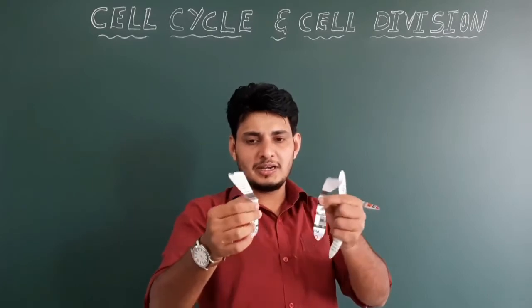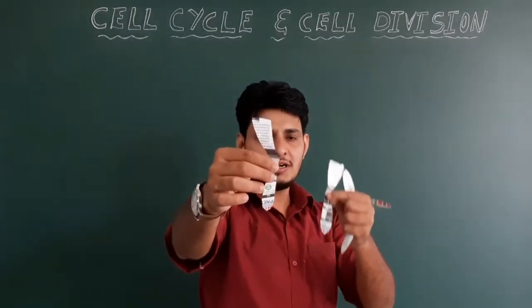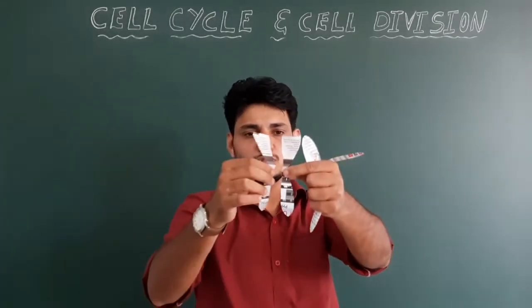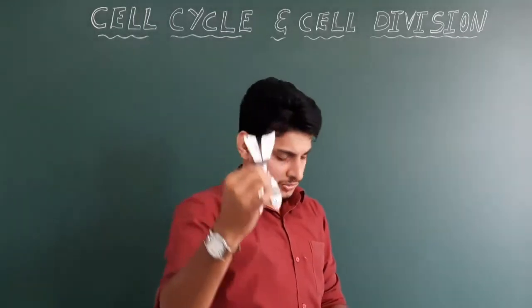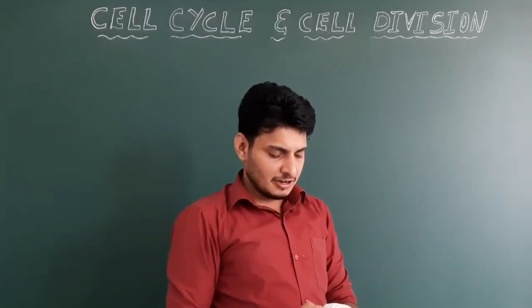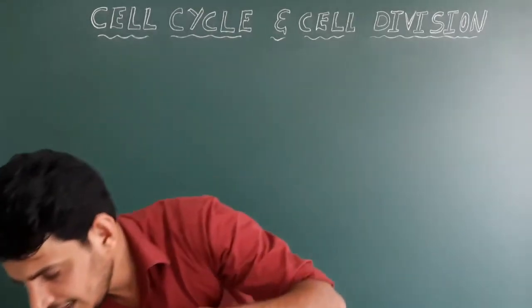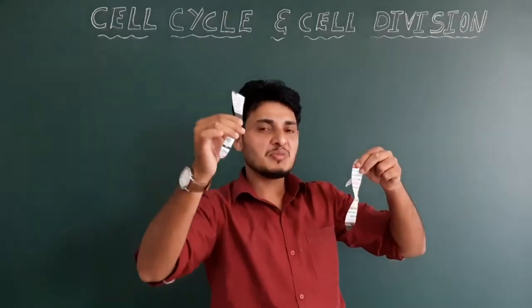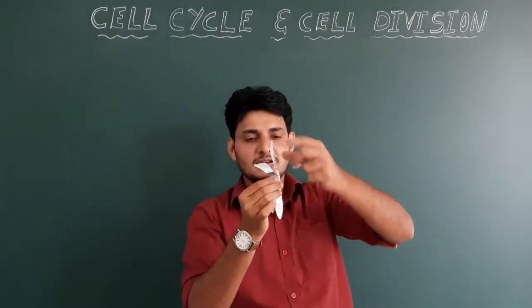Now, interestingly, let me tear this. I have separated the sister chromatids of the 22nd chromosome. This is one sister chromatid of the 22nd chromosome, and this is the other sister chromatid. They are combined together by the centromere, forming an X-shaped chromosome. But these 2 chromosomes are entirely different. Now I have taken a sister chromatid from chromosome number 1 and another from chromosome number 22. Let me bring them close to each other.